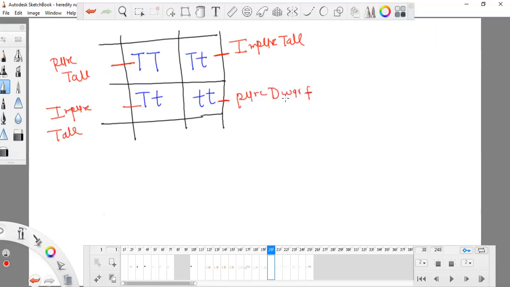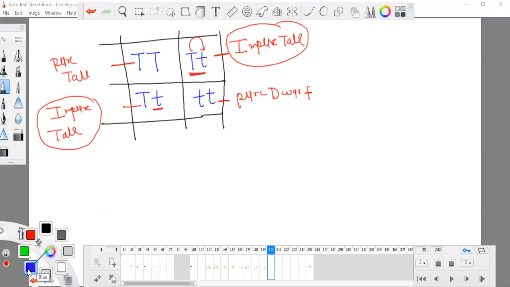So externally two things are very clear, but these two are externally different and internally different. They look exactly tall. Only we know that the internal thing is different, that is the small t, but due to the capital T, the small t is hiding, because small t is recessive and capital T is dominant.